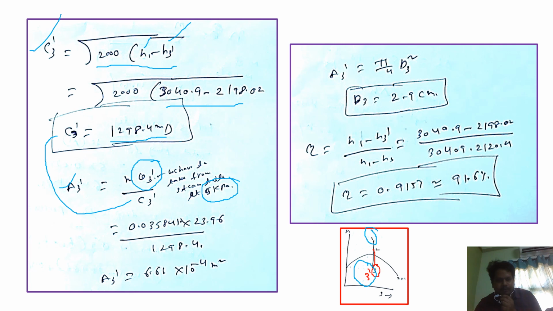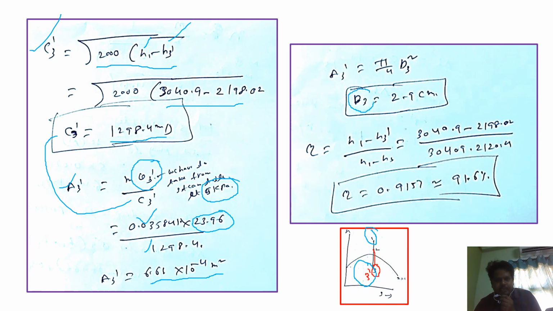The value of V3 is 23.96. Substituting the remaining values, we get the cross section at point 3 dash, that is 6.61 into 10 power minus 4 meter square.